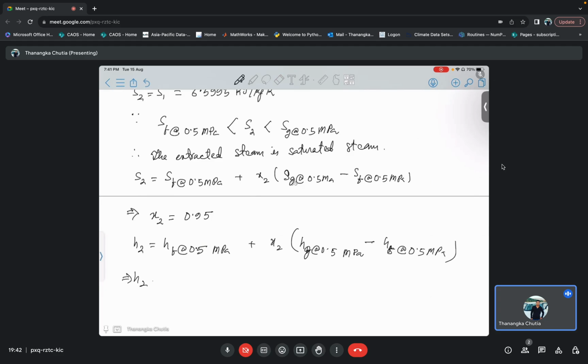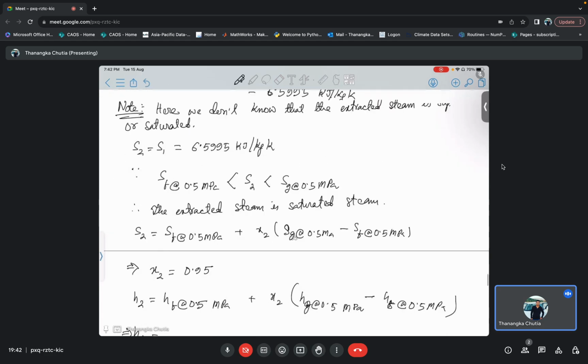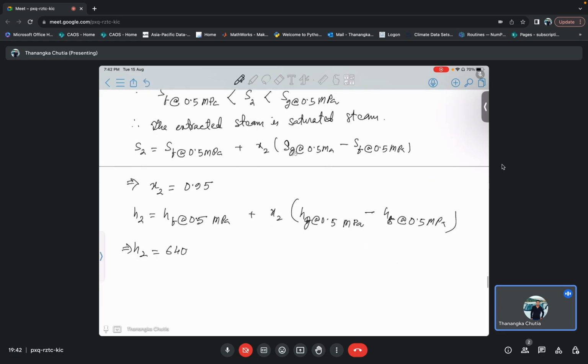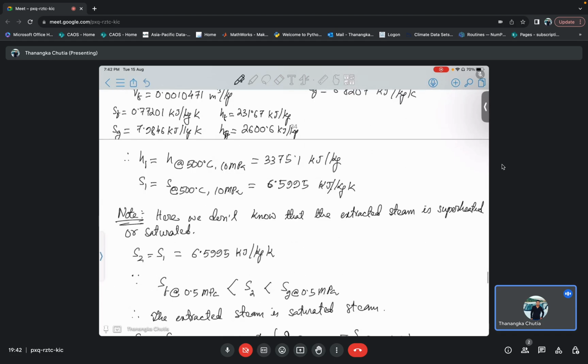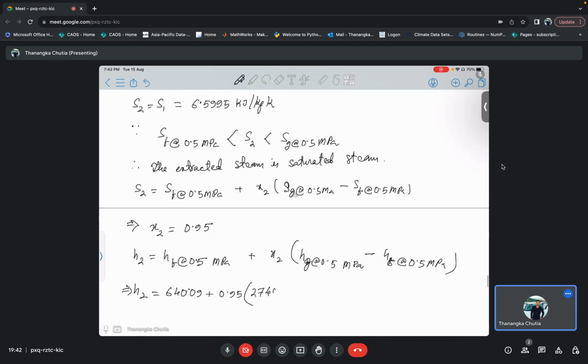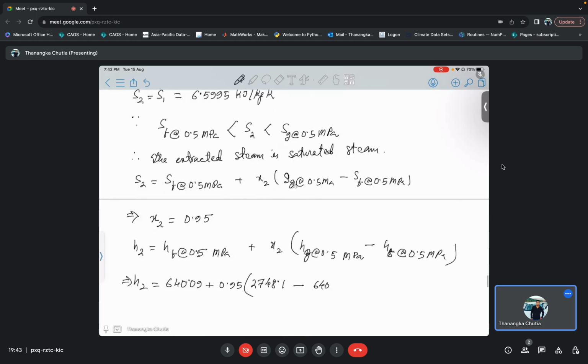So from here, h2 will be what? hf at 0.5 megapascal is 640.09 plus 0.95 times 2748.1 minus 640.09, and this will give you h2 equal to 2642.6995 kilojoule per kg.